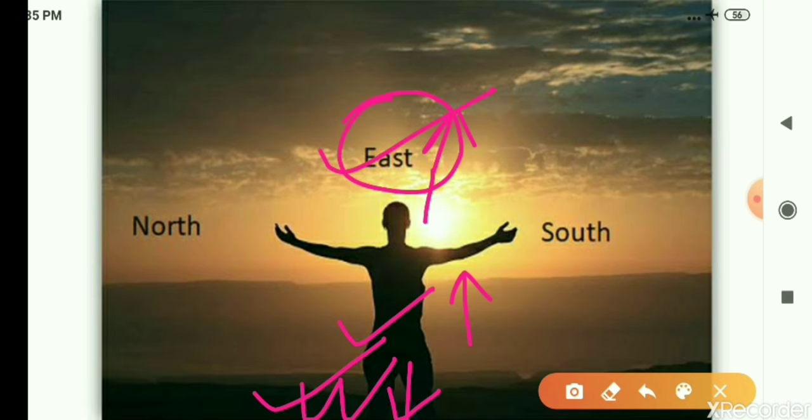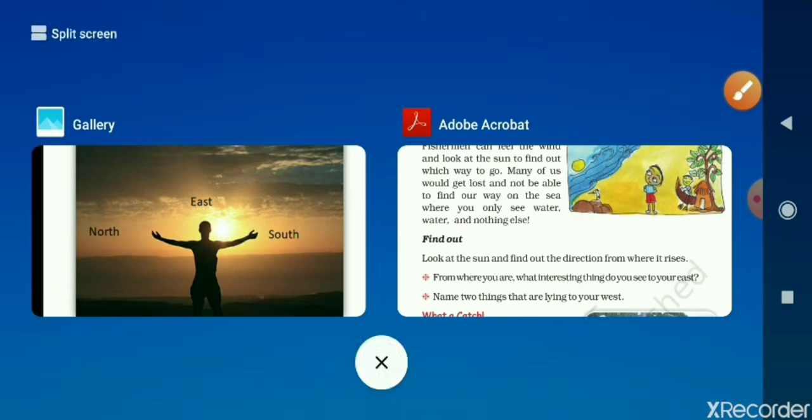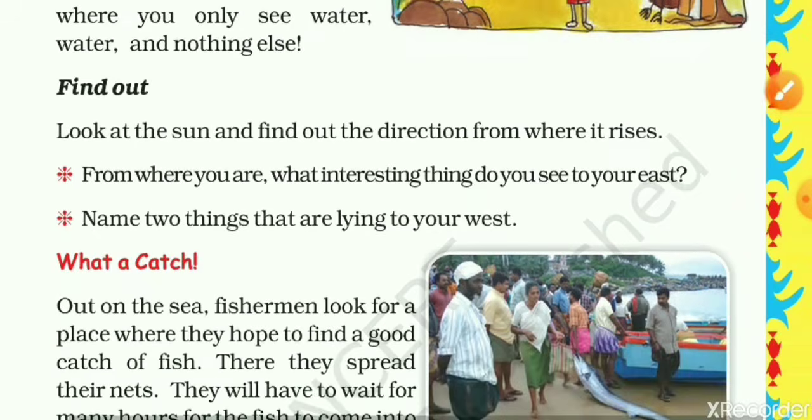Then his left hand will point to the direction of north and his right hand will point to the south direction. Okay, now have you understood how to find the direction by facing the sun? Very good. Now come to the lesson.